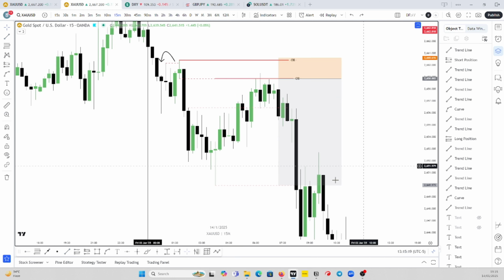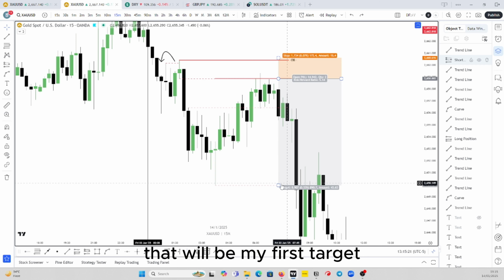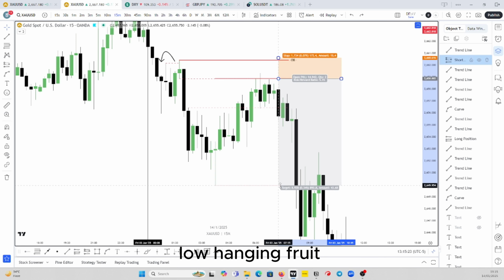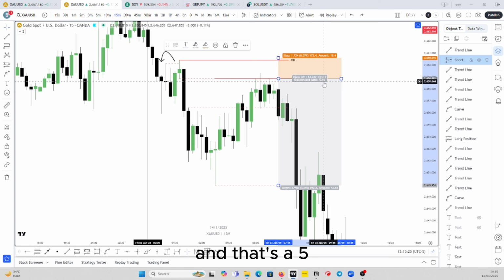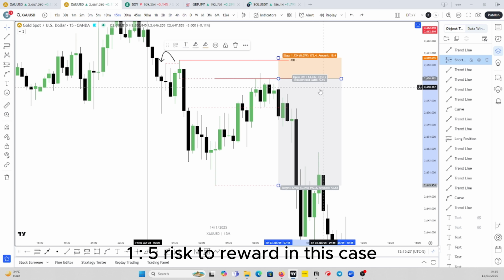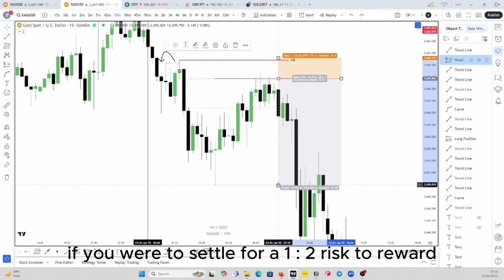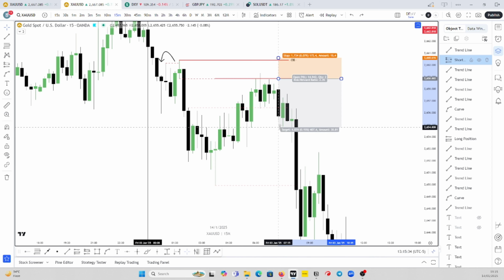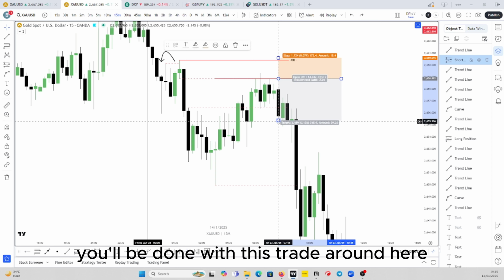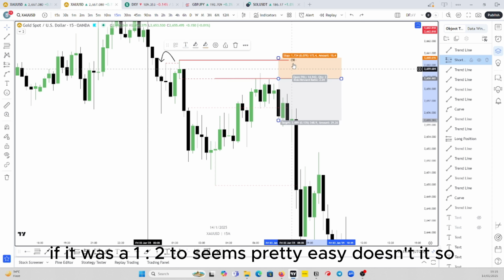Okay. That will be my first target, low hanging fruit. And that's a 1 to 5 risk to reward in this case. If you were to settle for a 1 to 2 risk to reward, you'll be done with this trade around here. Seems pretty easy, doesn't it?